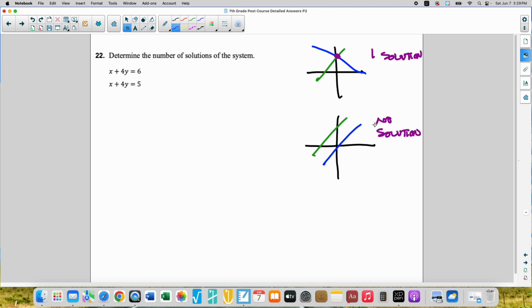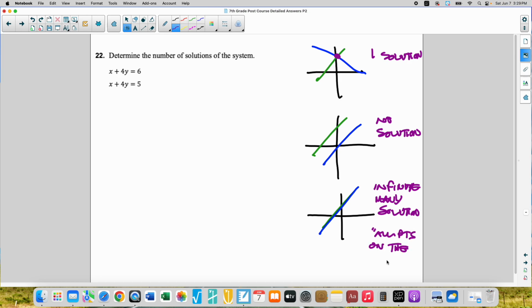You have 1, no, and then the last situation, which is a little bit tricky, is if they're the same line. If they're on top of each other, they have infinitely many solutions. And I don't like that answer. Mr. Mack always says all points on the line.